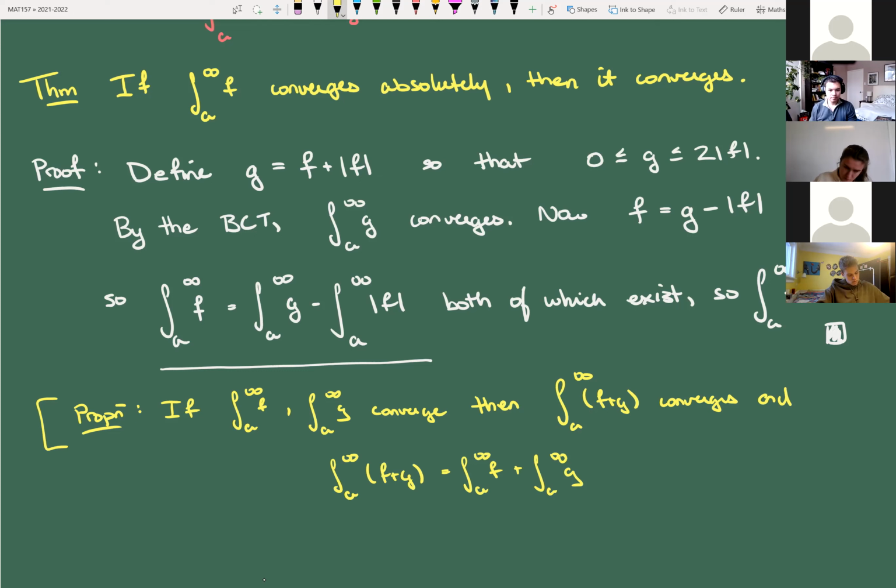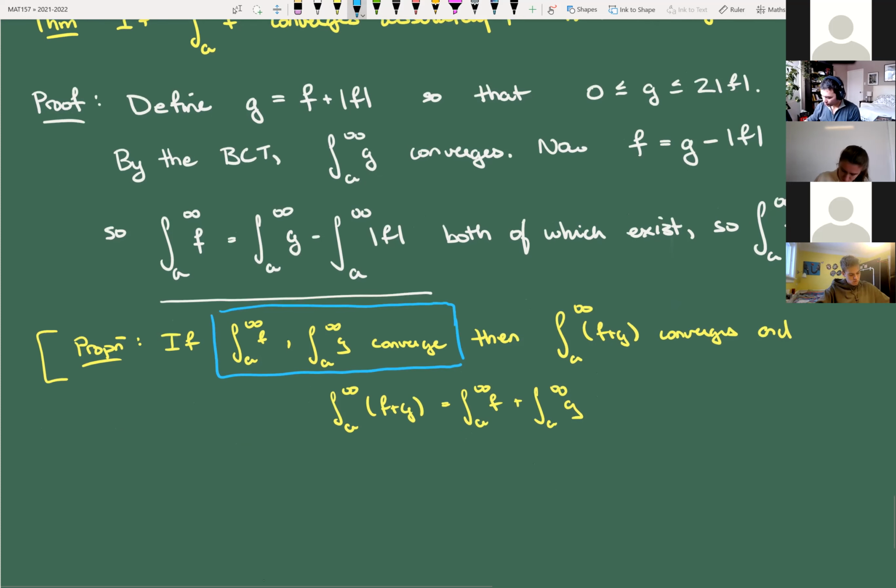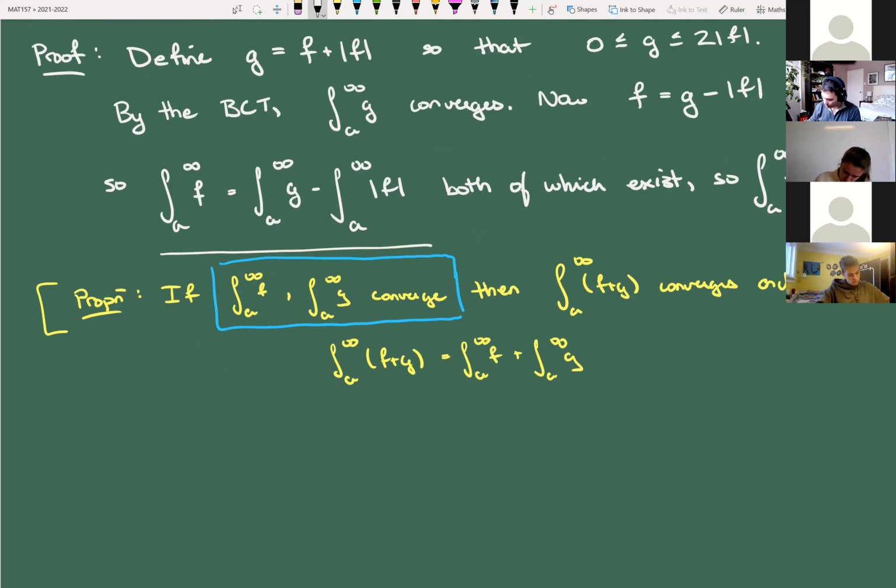Right? And we need this first part, this hypothesis, to be true. Because if you have this, the proof becomes very quick. We have the limit as b goes to infinity of the integral from a to b of f plus g, right?